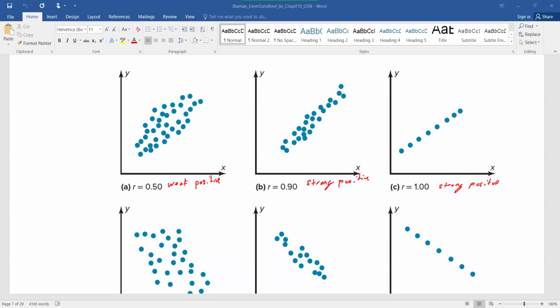And then, of course, this being a negative 0.5 will tell us it's a negative correlation, and we would call this a weak negative. And this would be a little bit closer knit. So both of these at -0.9 and at -1 will be considered a strong negative.